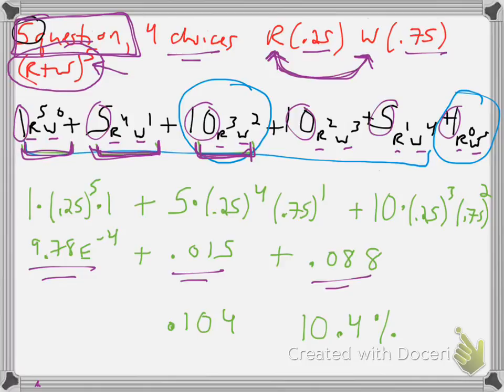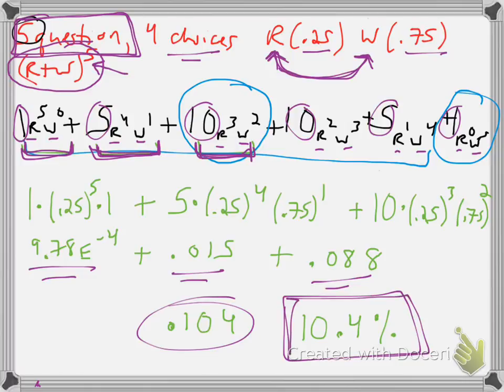And so when I add them all together, I get 0.104, which is 10.4%. So there's a 10.4% chance that on this 5-question test, I'll get at least 3 of them right. So that's a pretty small chance. Considering that 3 out of 5 is only 60%, I only have a 10% chance of getting a 60% on this test. Pretty crazy, right?